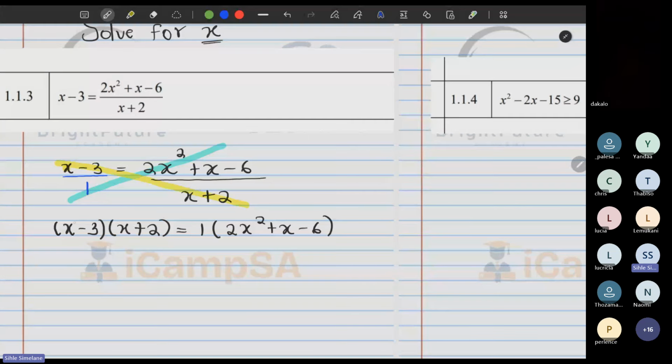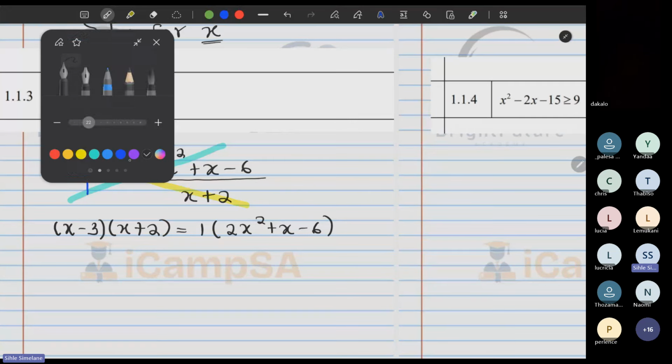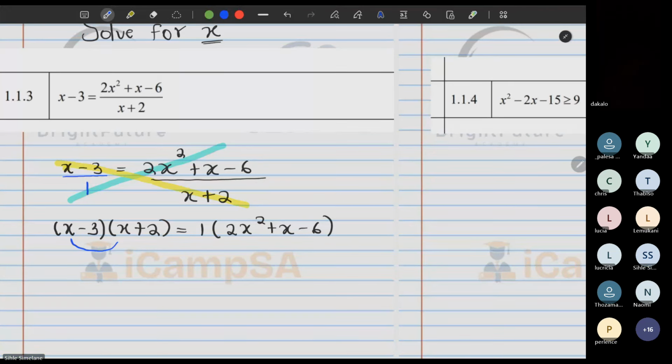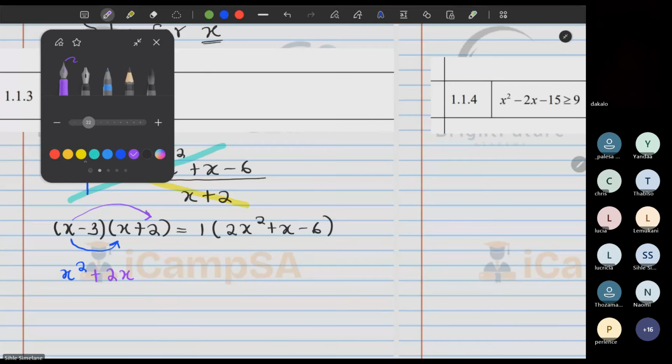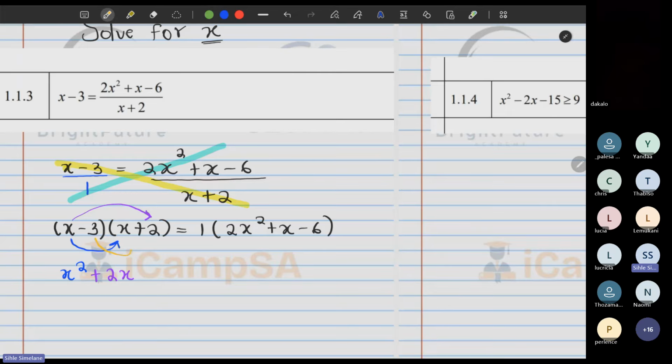So on the left-hand side, guys, let's quickly do our multiplication. If you do your FOIL, you will see that we will get x squared. Then if you take this one and multiply with that, you will see that we will get 2x. Then if we take this minus 3 and multiply x, we'll get minus 3x.